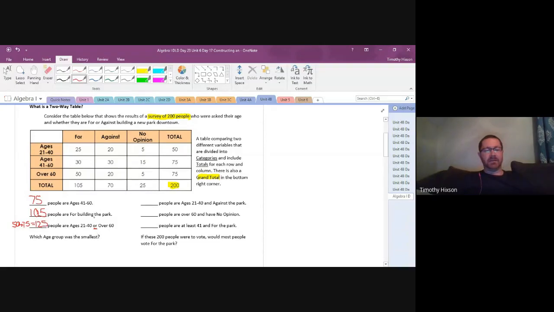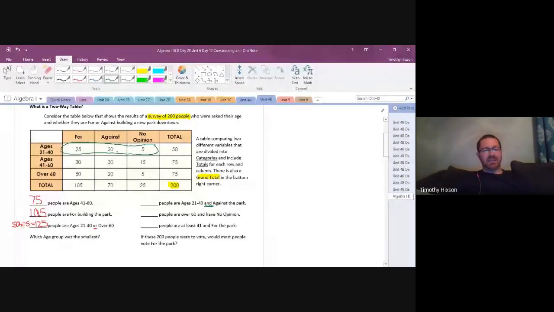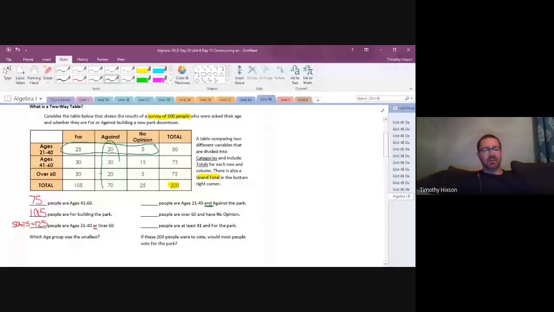If it's an or like that, you need to add up both categories that it's asking you about. Now this one over here, how many people are ages 21 to 40 and against the park? When we see this word and, we need to think it's got to fit into both categories. So ages 21 to 40, that's this row right here, and against the park, that's this column right here.